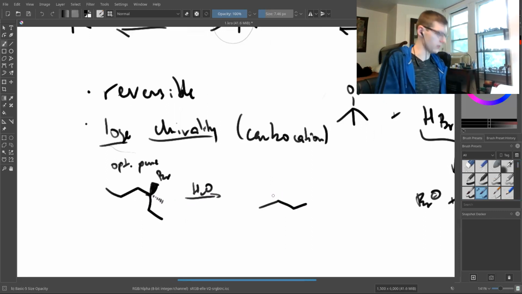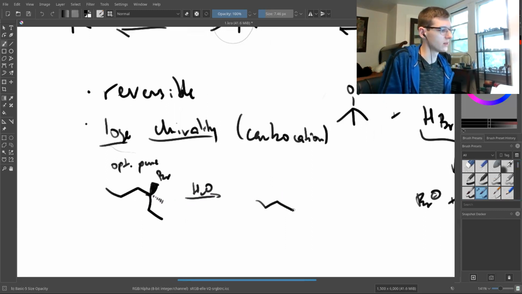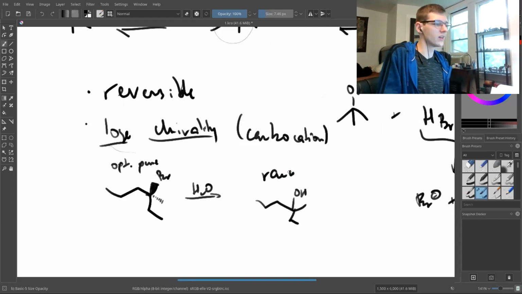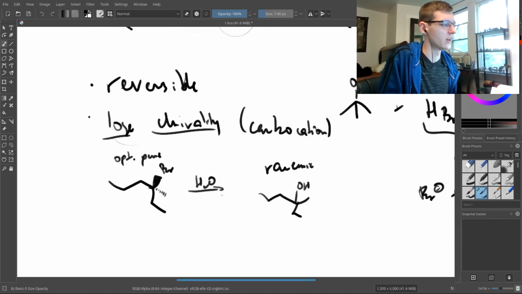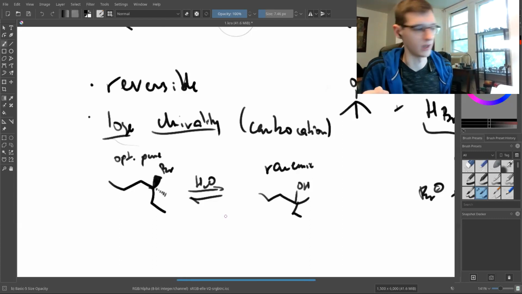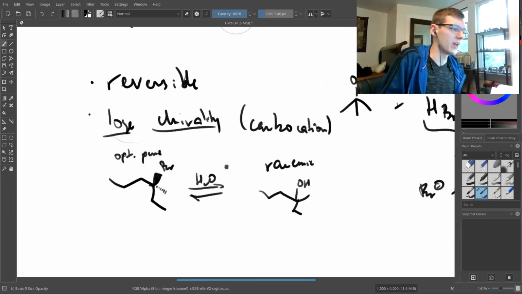Oh, wrong way. At the end, this is going to be racemic, because at that carbon, we have to go through a chiral intermediate... I mean, an achiral, planar intermediate.